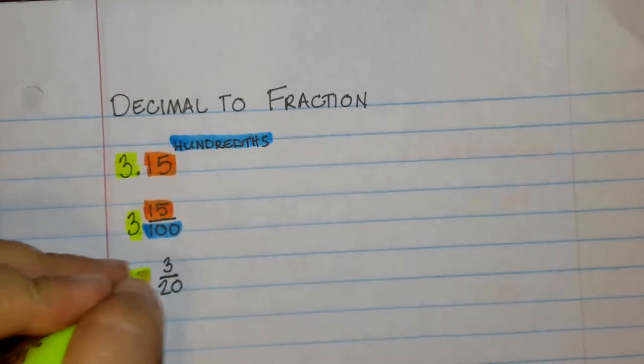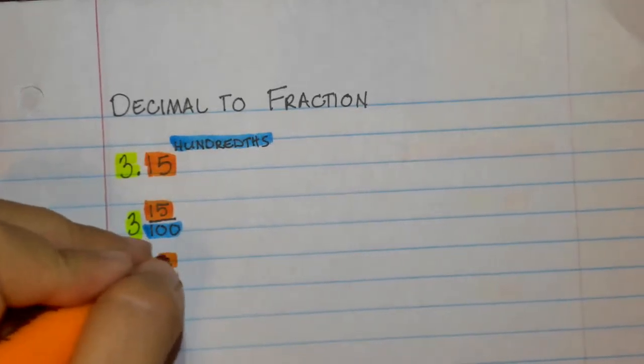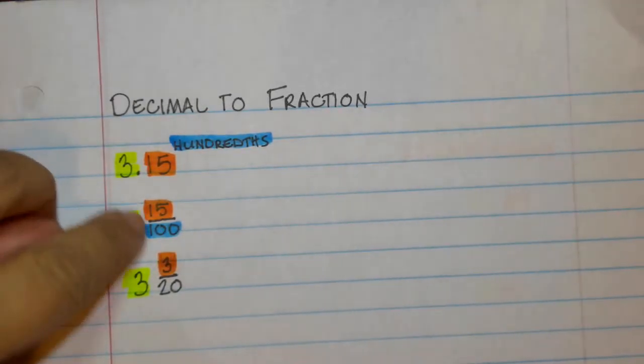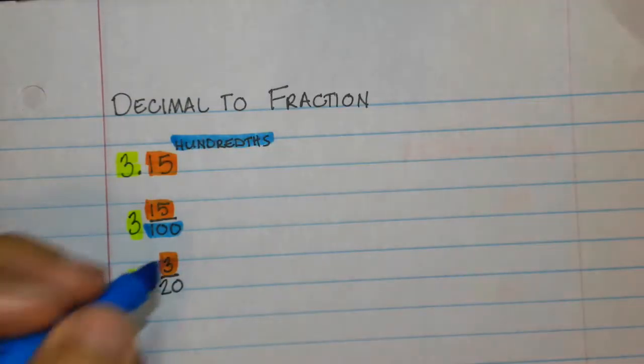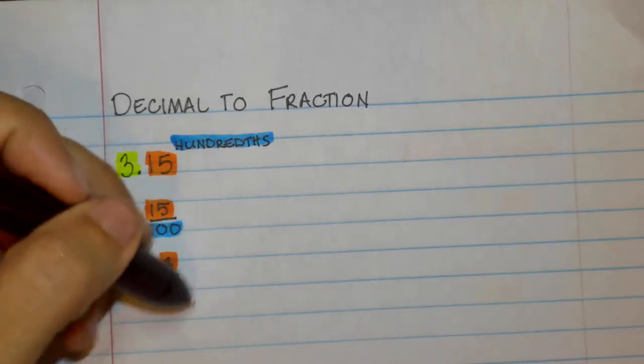As I color my parts here, there's still that whole. My numerator has now been reduced from 15 to 3, and my denominator has been reduced from 100 to 20. And we're not done here.